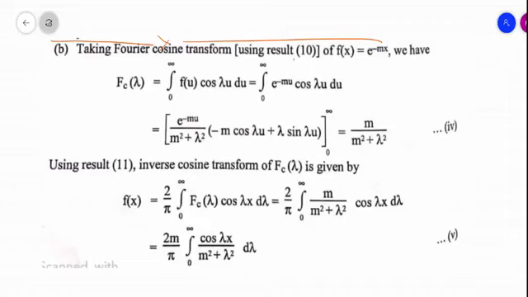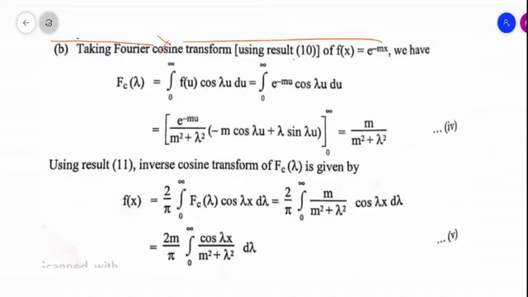So from this we get the inspiration that we have to express f of x by using Fourier cosine transform and inverse Fourier cosine transform. Because here cos lambda x is there, so we will start applying Fourier cosine transform on the function f of x.